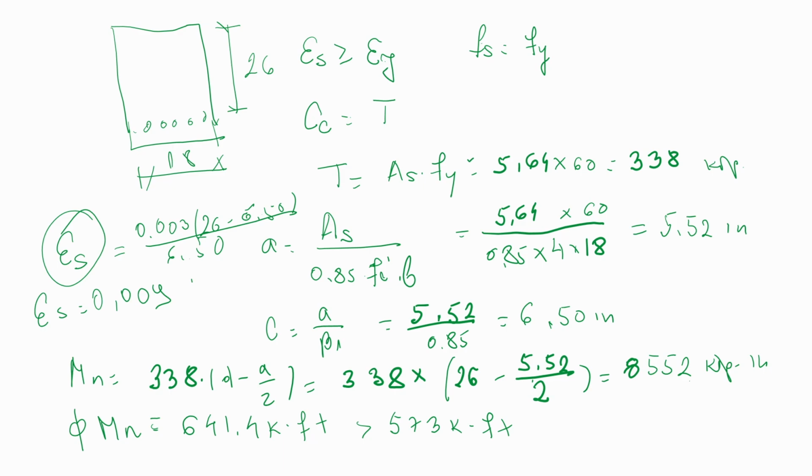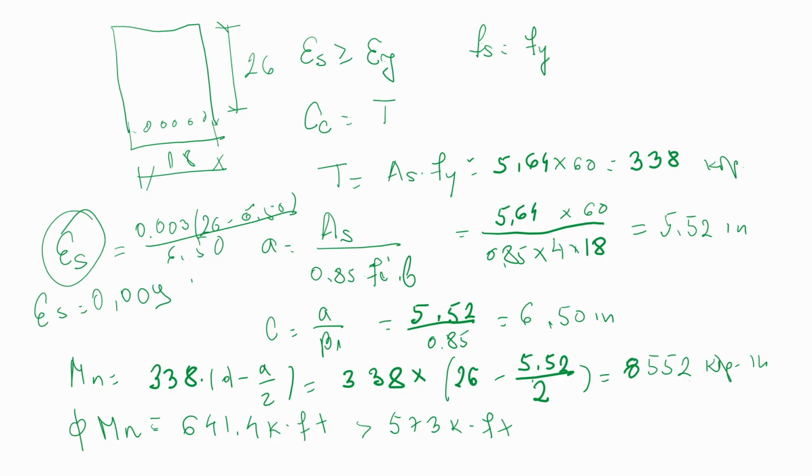So that is the depth of the whitney block, and your location of neutral axis will be the depth of the whitney block over beta 1, in our case that is 0.85. So you will get that location of neutral axis is 6.5 inch. Now, when we plug our numbers in the strain of steel, you will get the strain to be 0.009, which means that tension controls, so strength reduction factor will be 0.9.